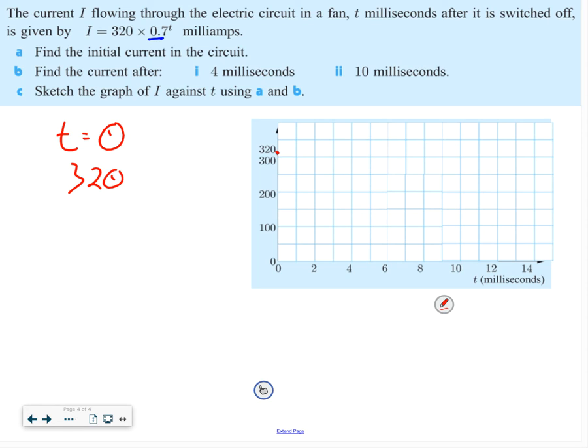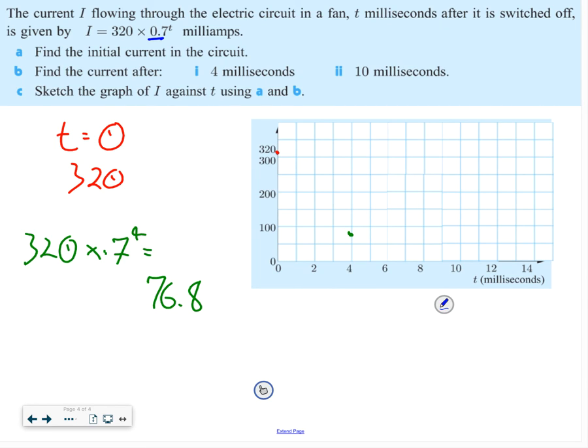After 4 milliseconds, we can do 320 times 0.7 to the fourth. As we use our calculator, 320 times 0.7 caret 4, we see that there's about 76.8 milliamps left. So 76 is going to be somewhere in there.